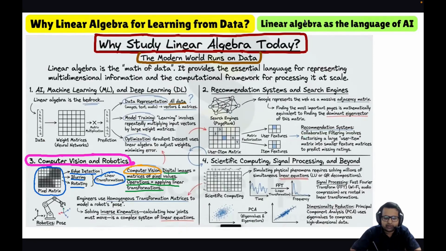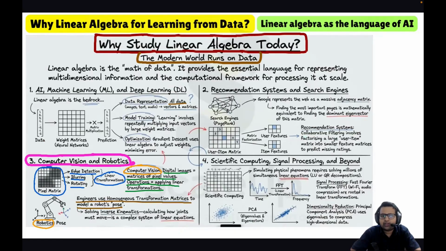Similarly, in robotics, engineers use homogeneous transformation matrices to model a robot's pose, that is, its position and orientation. The modeling of a robot's pose is done using homogeneous transformation matrices, which is a concept of linear algebra.